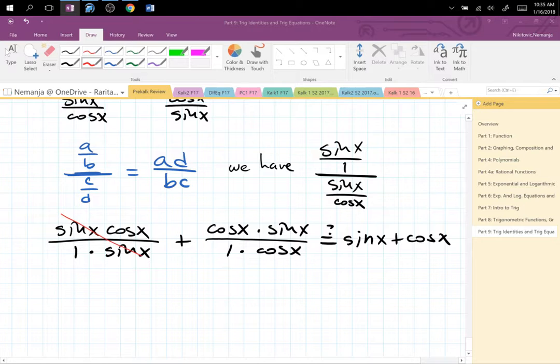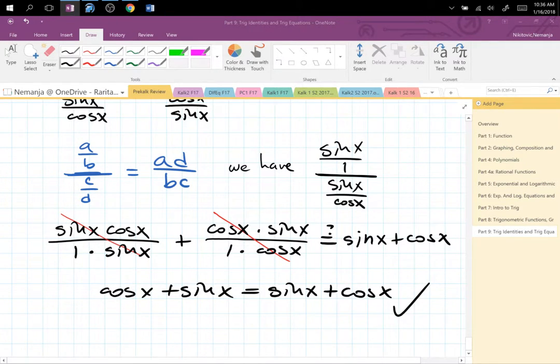Now these guys cancel, and what you're left with is cosine x plus sine x, which is the same as sine x plus cosine x, right, using the commutative rule. So again, it's verified.